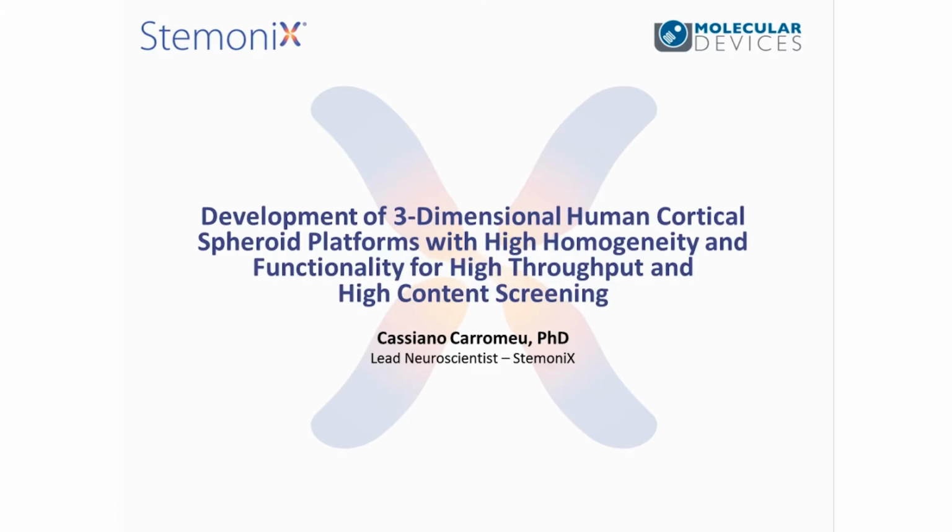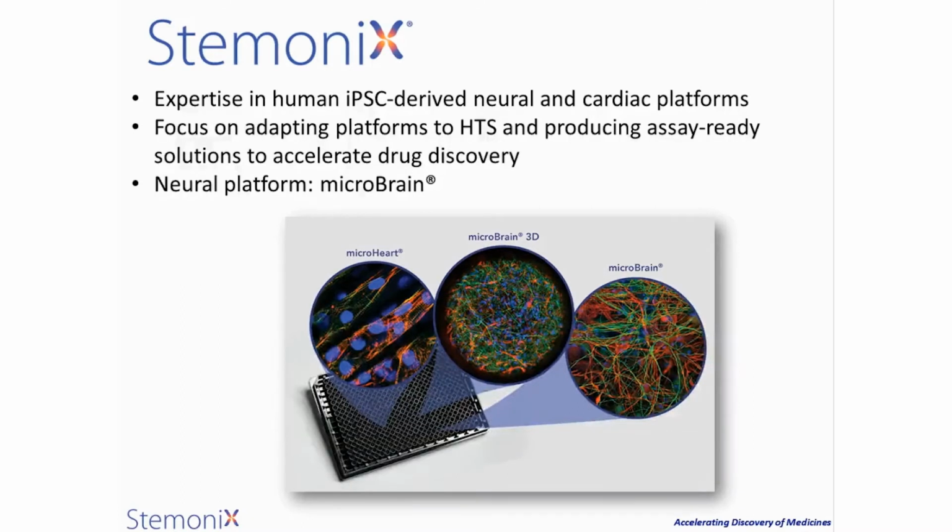Thank you very much, Girsha, for the introduction, and thank you everyone for joining online today. I'll be talking about our latest development, a 3D model cortical spheroid platform for high-throughput and high-content screening. So at StemoniX, our expertise is in human iPS-derived neural and cardiac platforms.